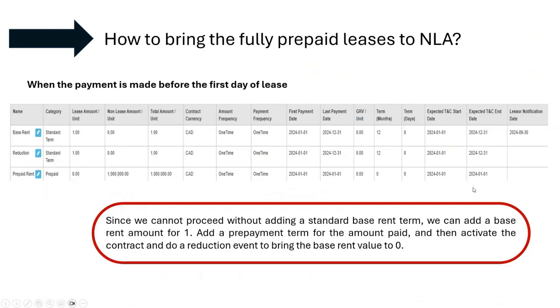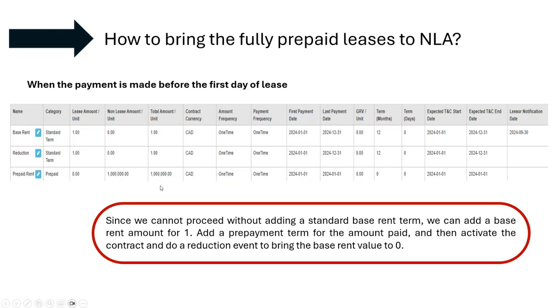The second method is if the payment is made before the first day of the lease. Since we cannot proceed without adding a base rent term, we add a base rent for $1. This $1 cannot be less than 1. And then we can add a prepayment term for the amount paid.